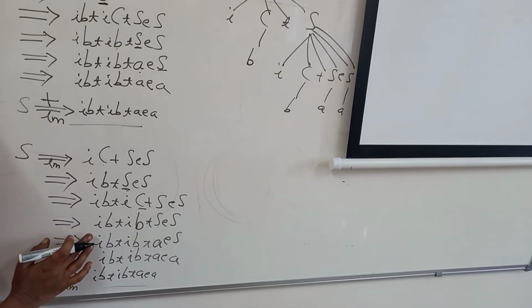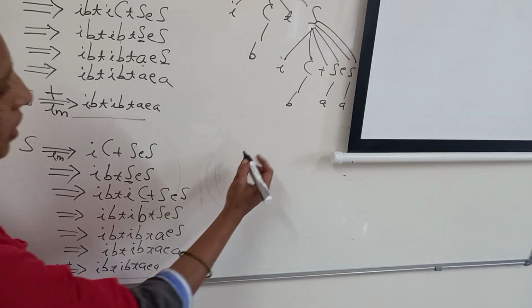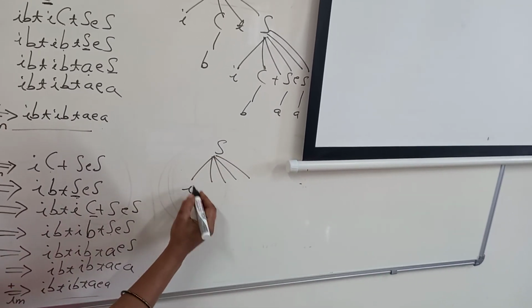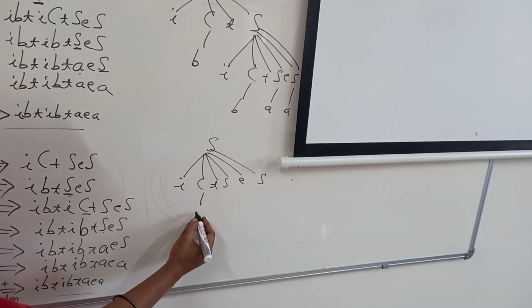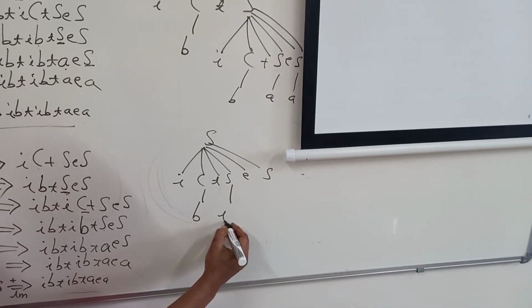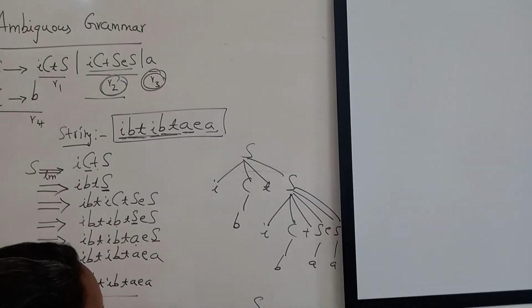Now let me consider the parse tree for this leftmost derivation, where I started with S giving iCtSeS. That C I replace with b. This S I replace with rule 1, that is iCtS.